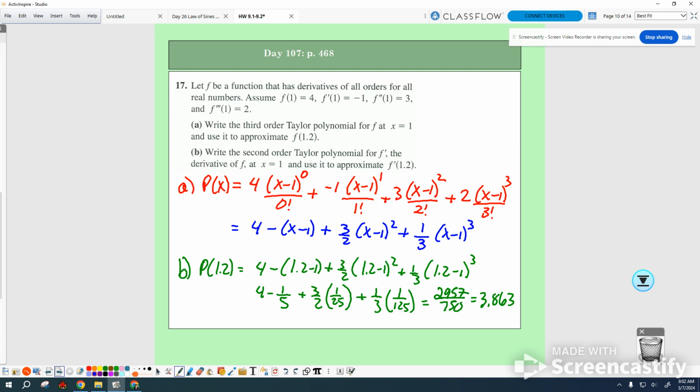Oh, I used to write it in red. Each and every one of these derivatives is one times. It's geometric, it's always like this.